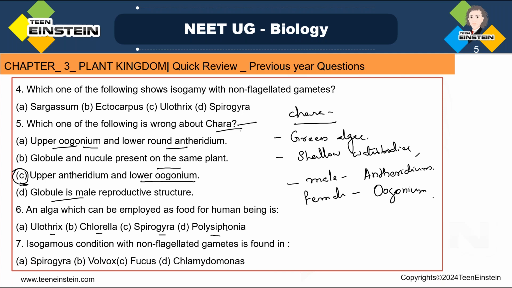See, here Chlorella and one more alga is there, Chlorella and Spirulina. Both are unicellular algae, right?